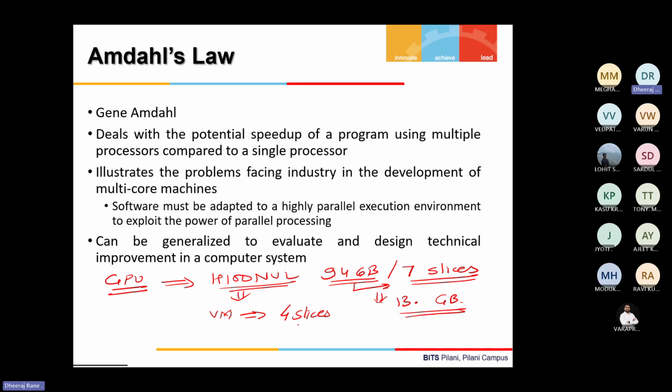Suppose I have given some user 4 slices. Altogether, it will come up to a capacity of 52 GB, right? But when they were trying to draw the maximum capacity of this GPU, they were not able to draw it because of the slicing.